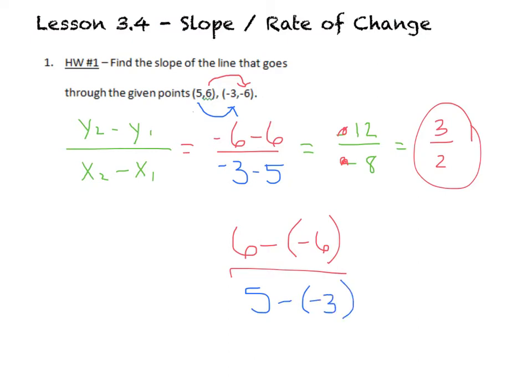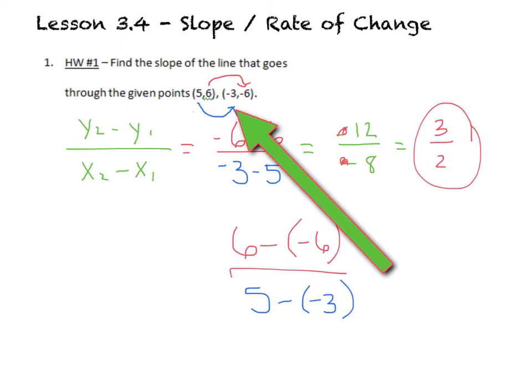The only thing you have to be aware of is that these arrows right here have to go in the same direction. So on the y's, if you go this way, then on the x's, you have to go the same way. So that's that example.